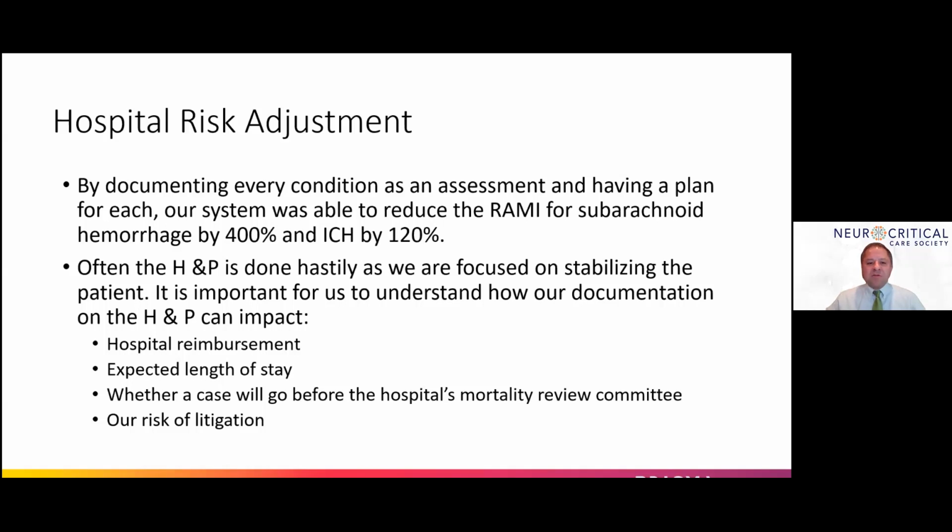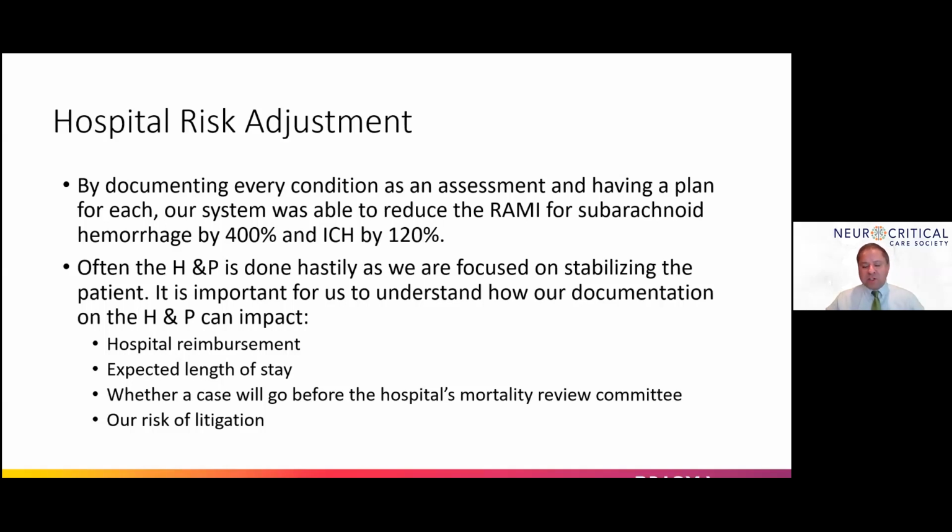Unfortunately, that individual's role is not to itemize every one of these problems. And therefore, they may be focused on whether to give TPA or not, or to determine whether the patient's being admitted or things like that. So therefore, it is very important that neurocritical care teams document their own H&Ps, because we don't want to have to be responsible for the documentation of others.